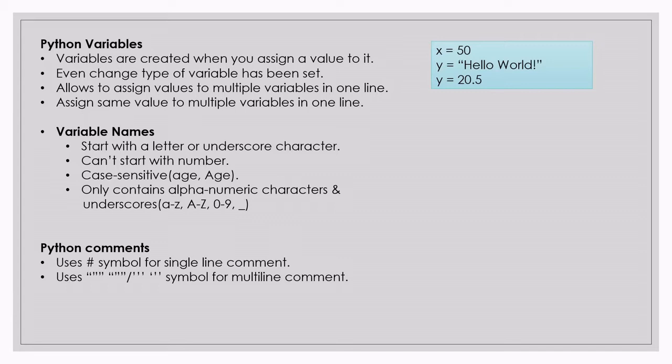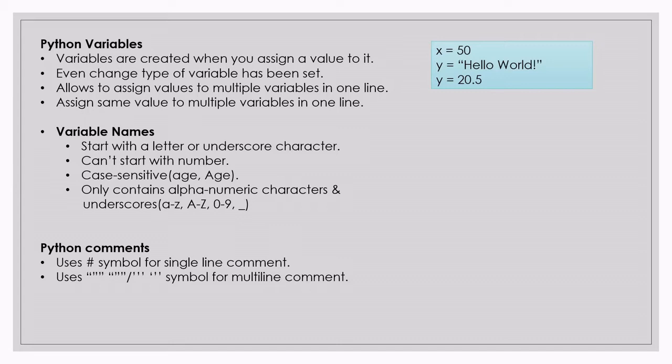Here there is no need to declare a data type for the variable. When you assign a value to the variable, that variable automatically becomes of that type. You can also change the type of a variable dynamically in Python. In this example, the y value is hello world, which is of type string. Later I have assigned 20.5, which is a float type, which is allowed in Python.